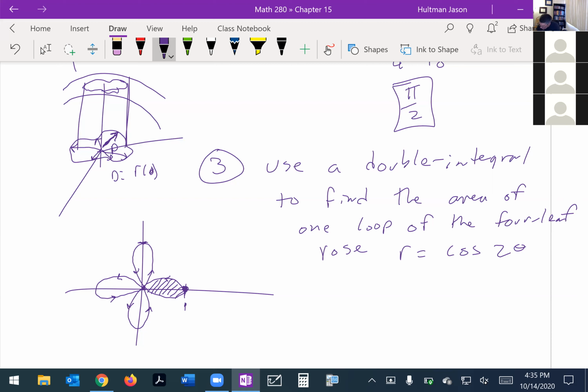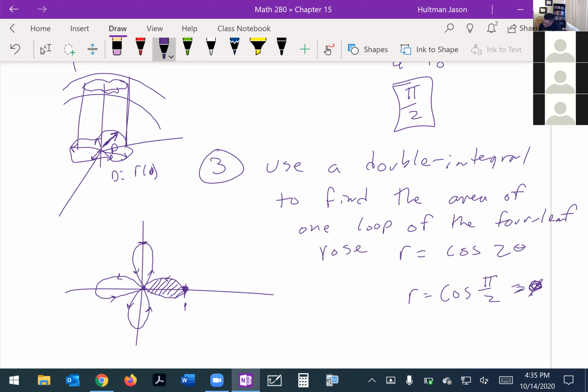Cosine of 2 theta. Cosine is 0 at pi over 2, so r would be equal to 0. If I do cosine of pi over 2, I would get 0.